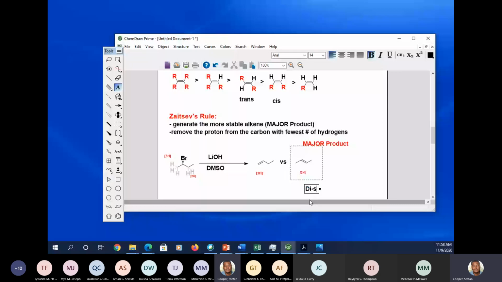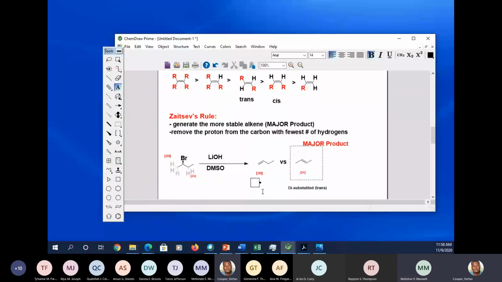This is di substituted, right? And it falls within the trans family, right? So this is a di substituted alkene.